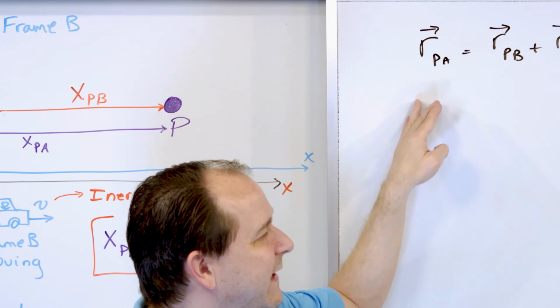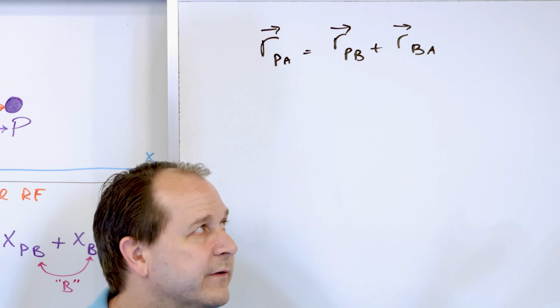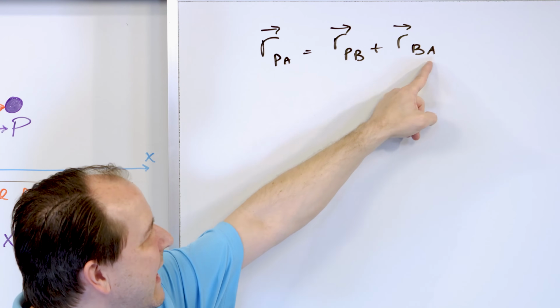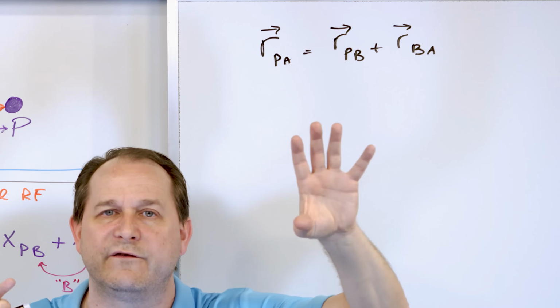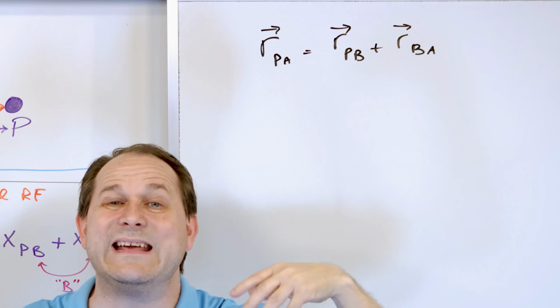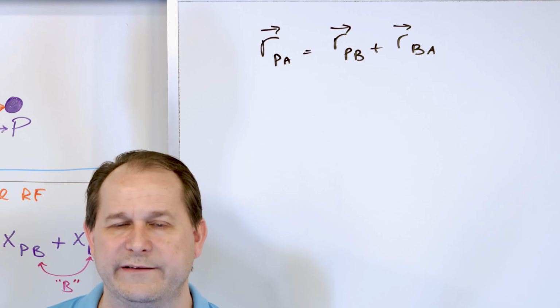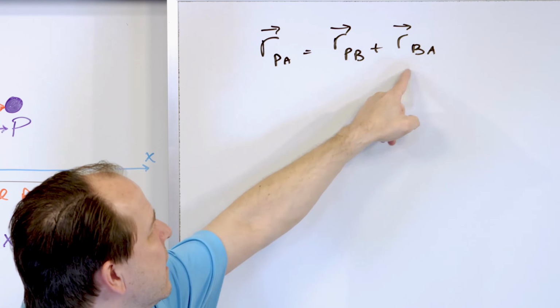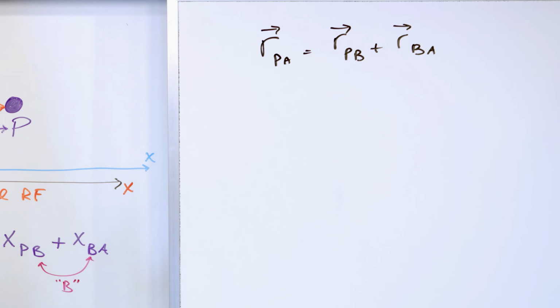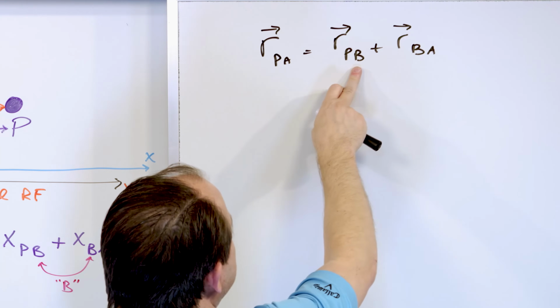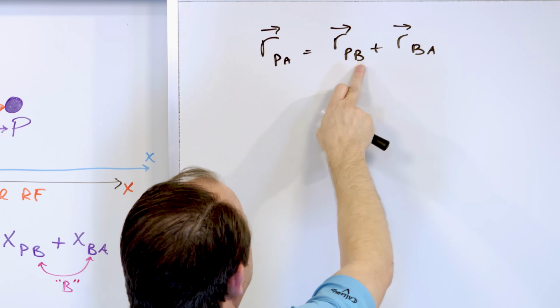So this vector stuff takes care of all of it because it's all 3-dimensional. This vector of BA is the displacement, or the difference in space between the two frames of interest in any kind of 3-dimensional or 2-dimensional orientation. All right? And these are the positions of the event P with respect to B and so on.